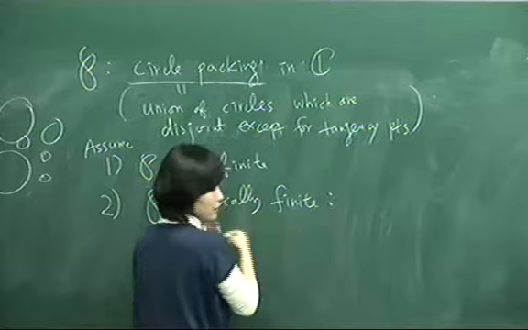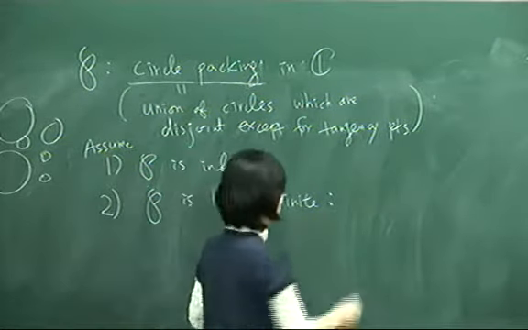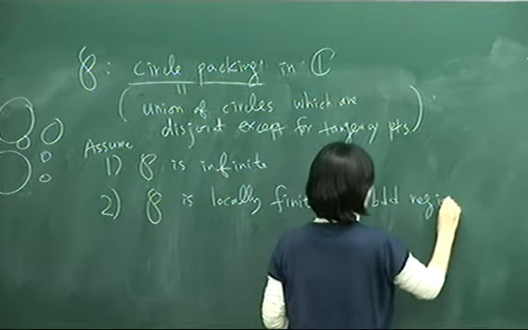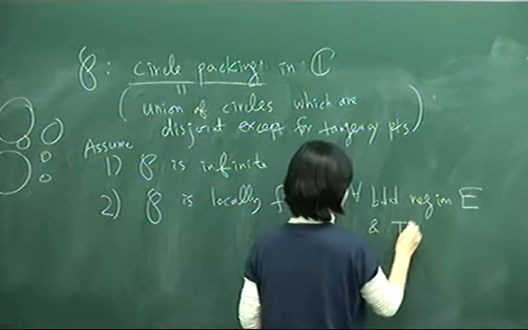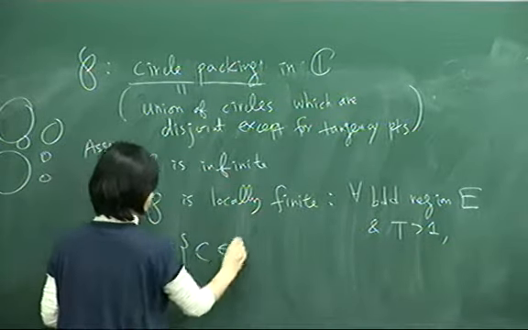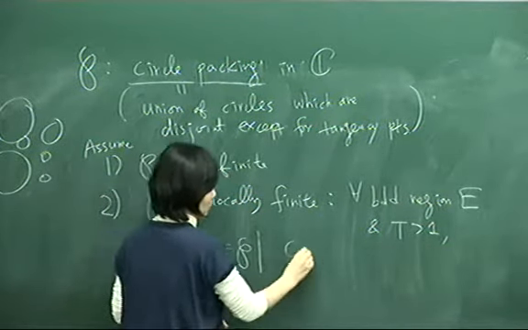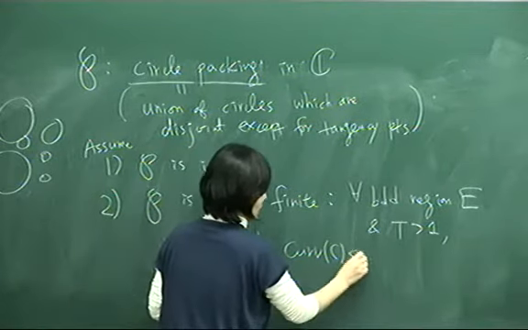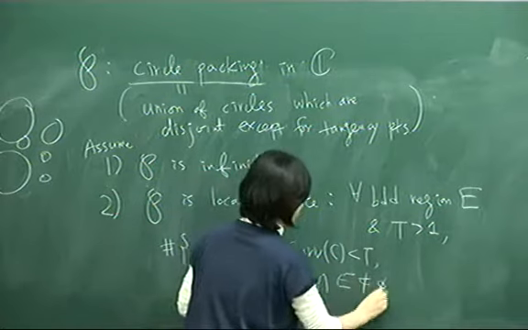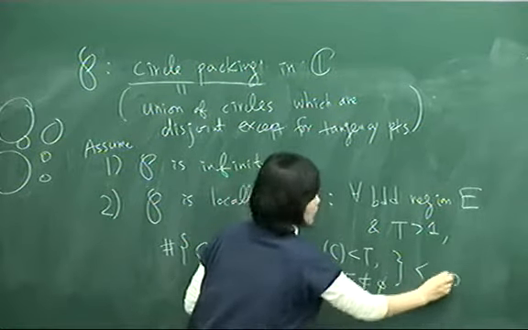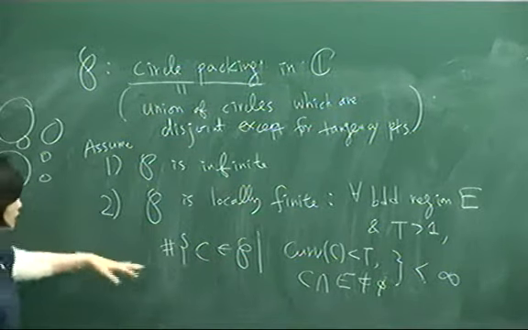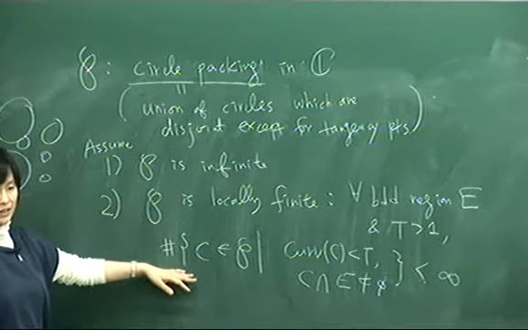This would mean exactly that our counting function makes sense: for any bounded region E and any T, if you look at the circles C in P of curvature less than T that intersect this E, then we want this number to be finite. Otherwise, this counting function does not make sense.